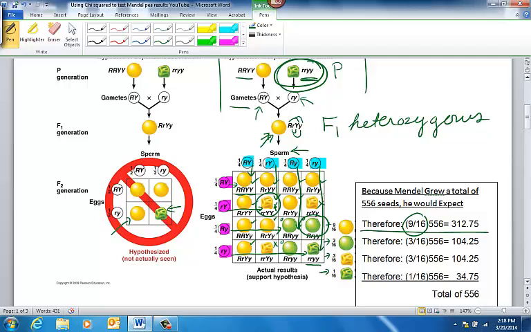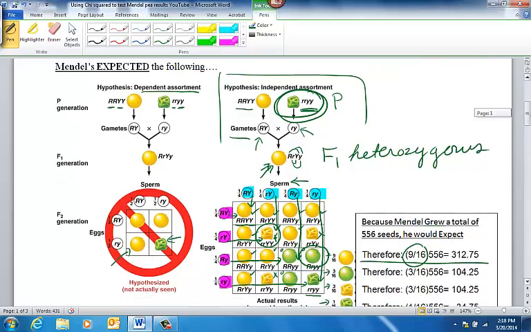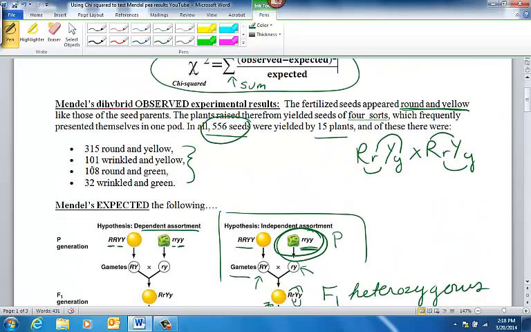So he hypothesized two different hypotheses. Dependent assortment, where genes, round and yellow, have to stay together, and genes for green and wrinkled have to stay together. But when he did his experiment, as we can see here, he got wrinkled yellow and he got round green, which were new combinations.